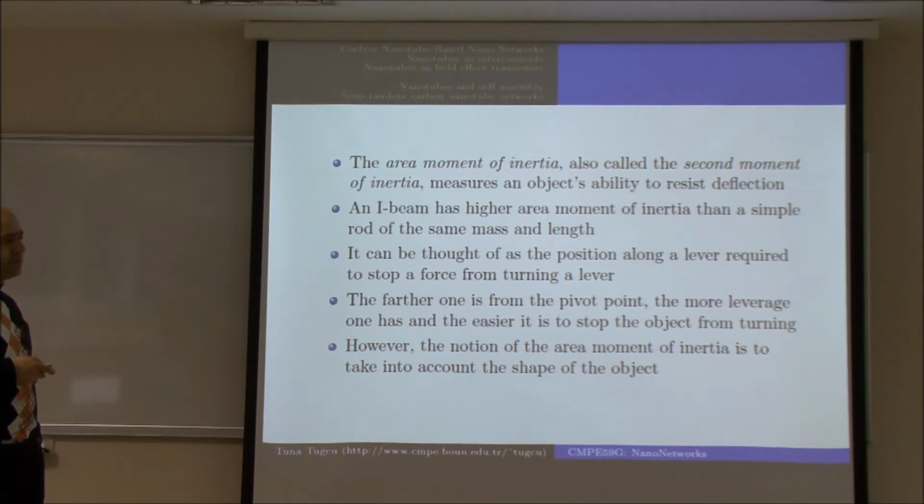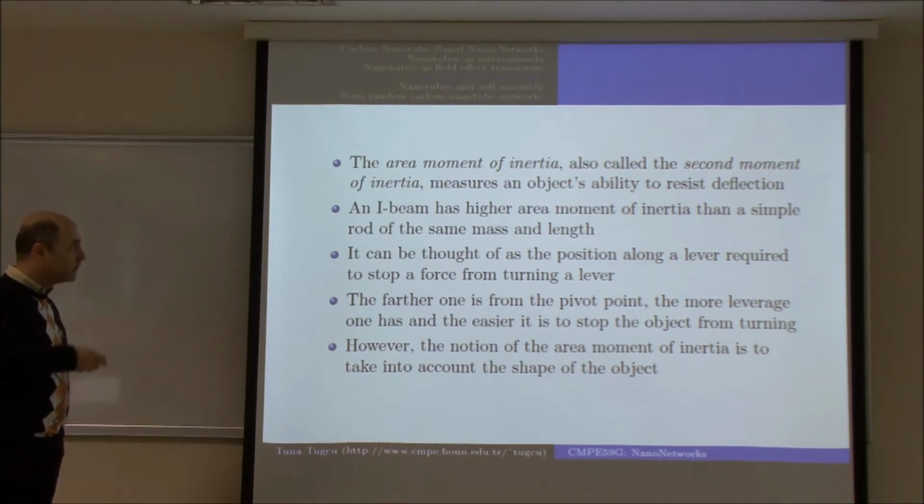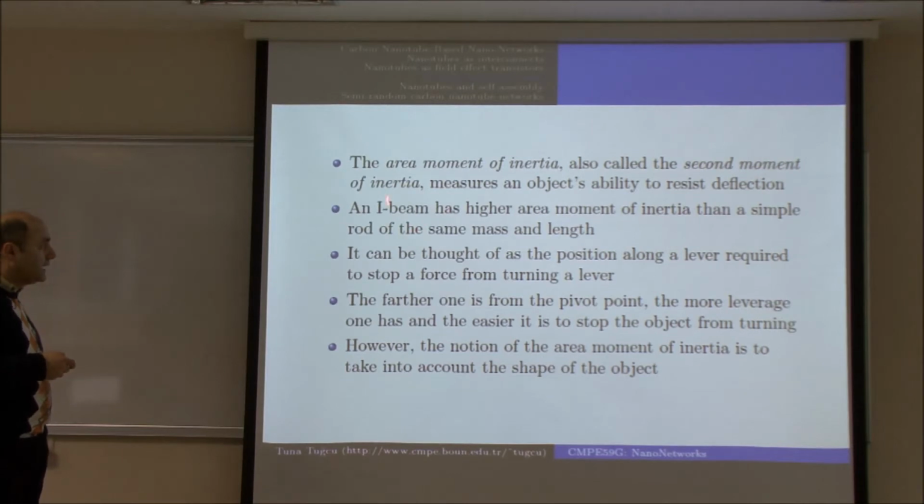This is something that's already being used. It has been known for a long time in civil engineering. So if such a steel rod is called an I-beam, with the cross-section of the I shape, an I-beam has a higher area moment of inertia than a simple rod of the same mass and length.